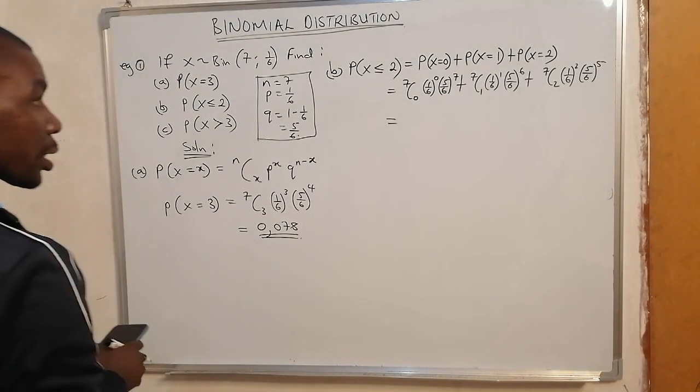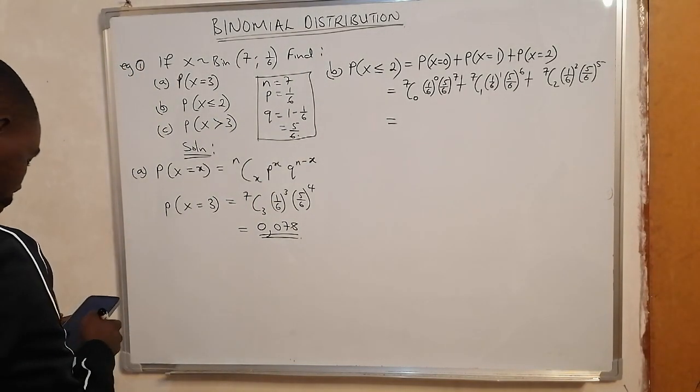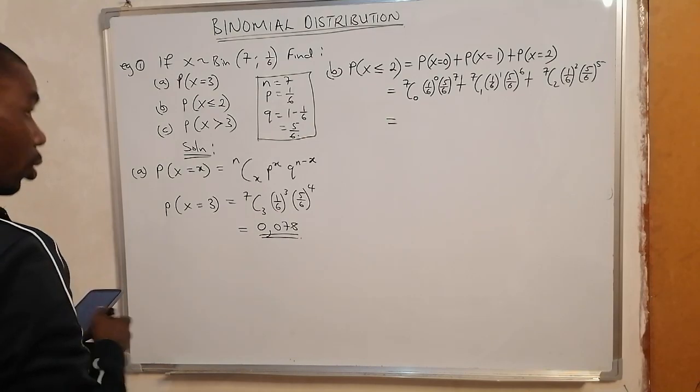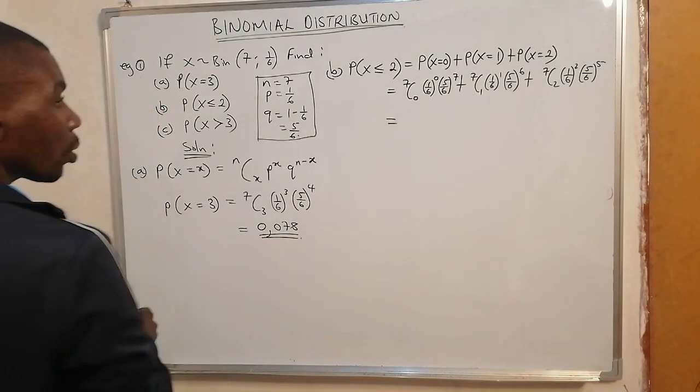So let's start with 7 choose 0. Or you can punch all of them at once.